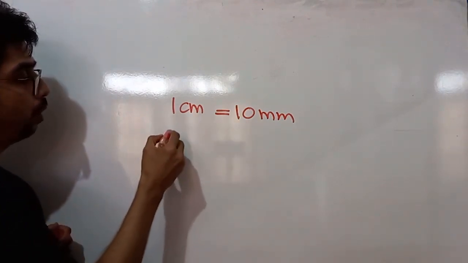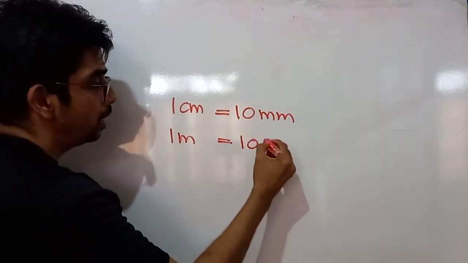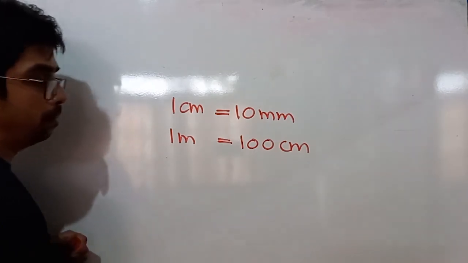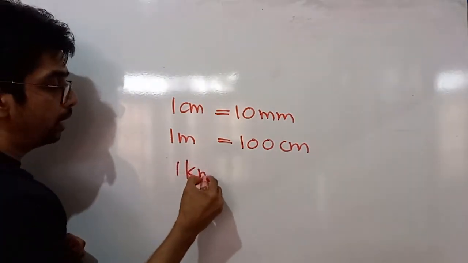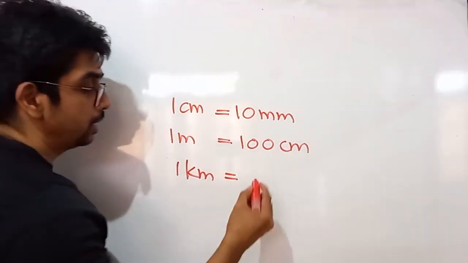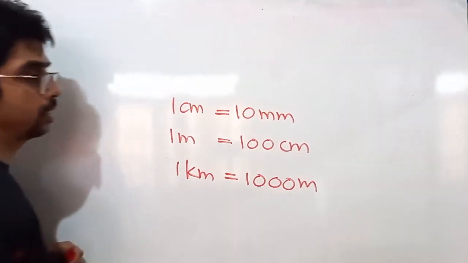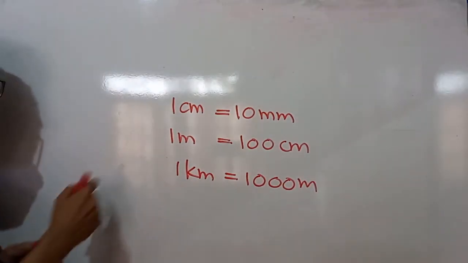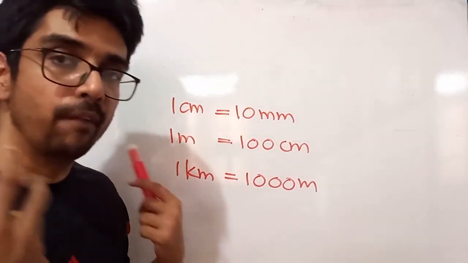Then 1 meter is equal to 100 centimeters. Meter එක කියන්නේ centimeter 100. 1 kilometer is equal to what? 1000 meters. These three are the key points which you will have to remember.